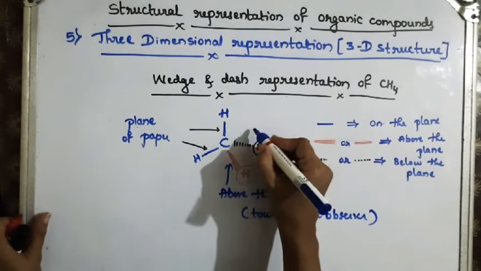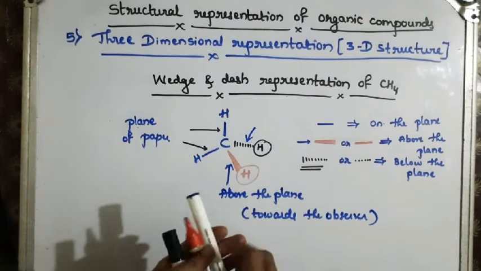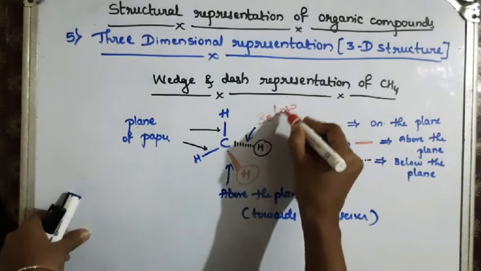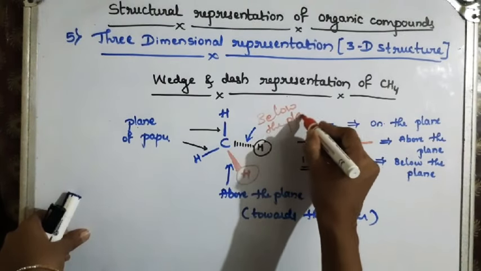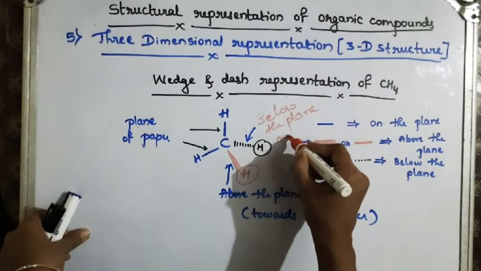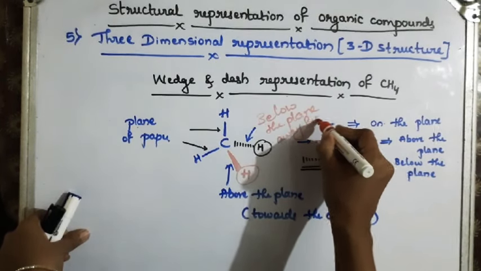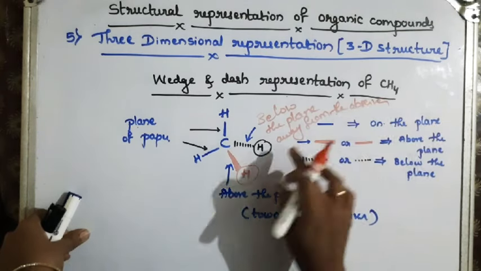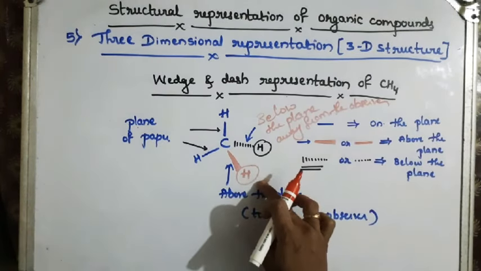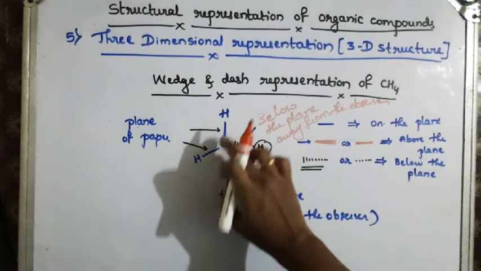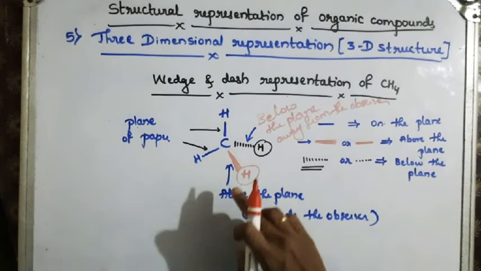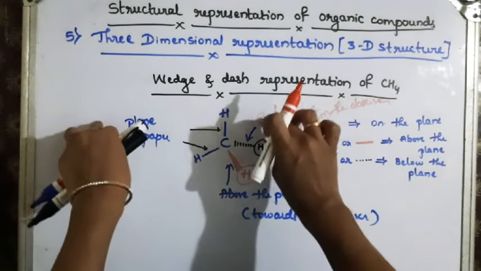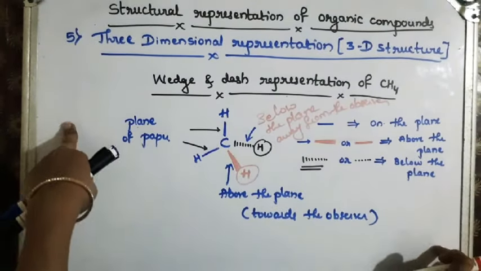Whereas this one is below the plane, away from the observer. So this one is far from the viewer, this one is near the viewer, towards you. And these two appear to be in the same plane. So this is how we are representing a 3-dimensional molecule on a 2-dimensional paper or a board.